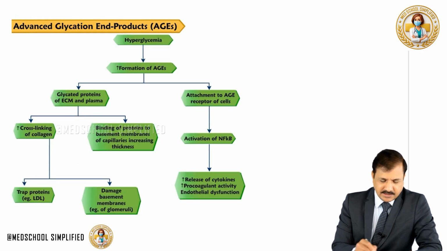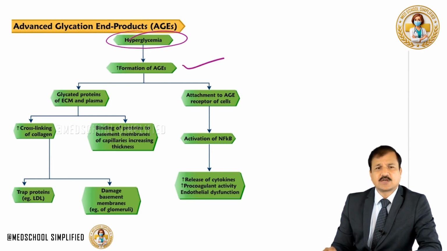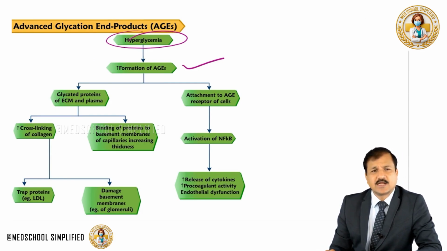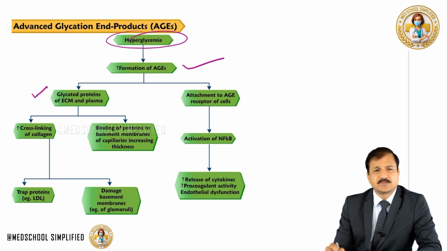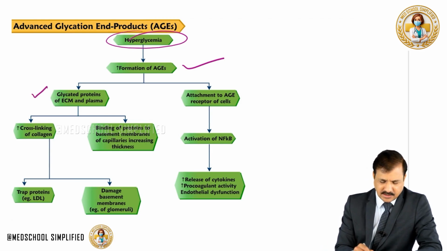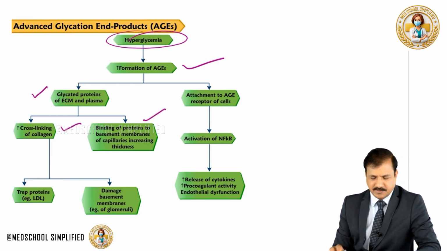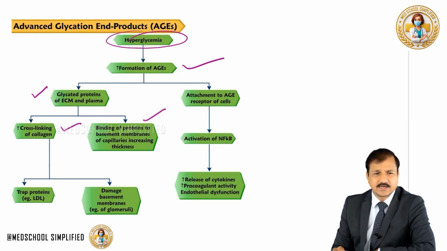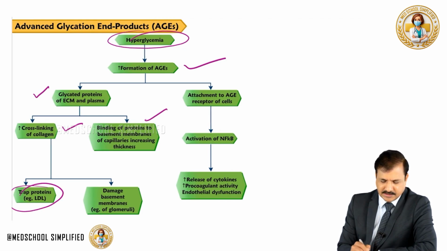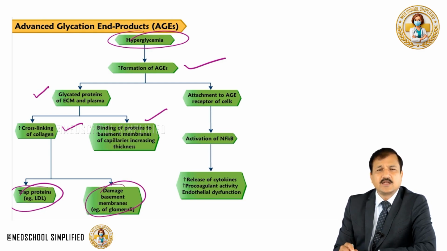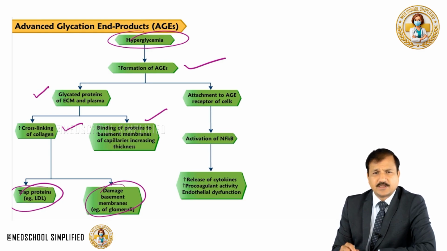Now, hyperglycemia will increase formation of advanced glycation end products, and that will lead to glycated proteins in the extracellular matrix and plasma, and that causes increase in cross-linking of collagen and binding of proteins to basement membrane of capillaries and increasing the thickness there. And also this increase in cross-linking of collagen will trap proteins like LDL, damage basement membrane like glomeruli, leading to nephropathy.